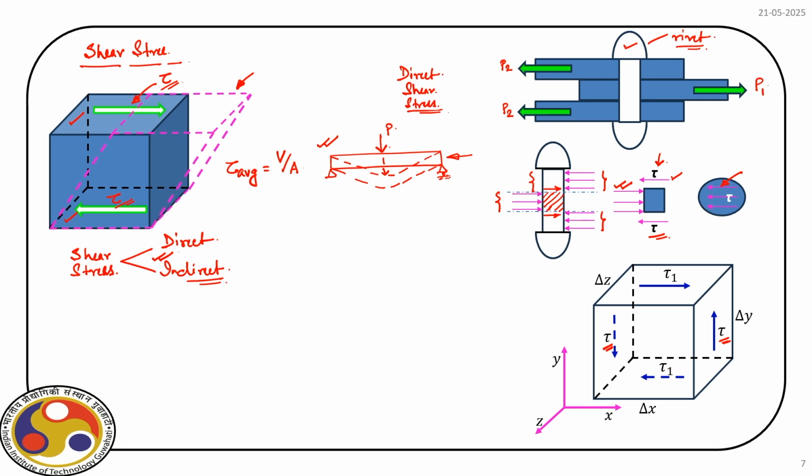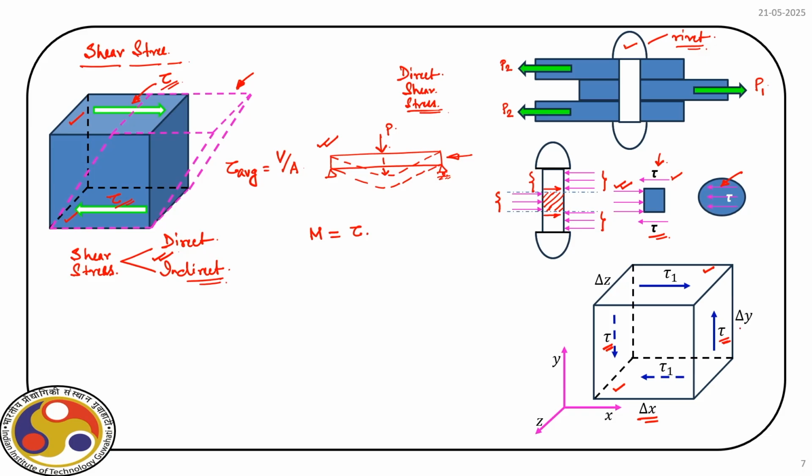Obviously, if there is no shear in these two planes, what will happen? Because tau, which is separated by a distance of delta x, will actually develop a couple. What is the couple? So, if I quantify that as m, it is tau times the area over which it acts.